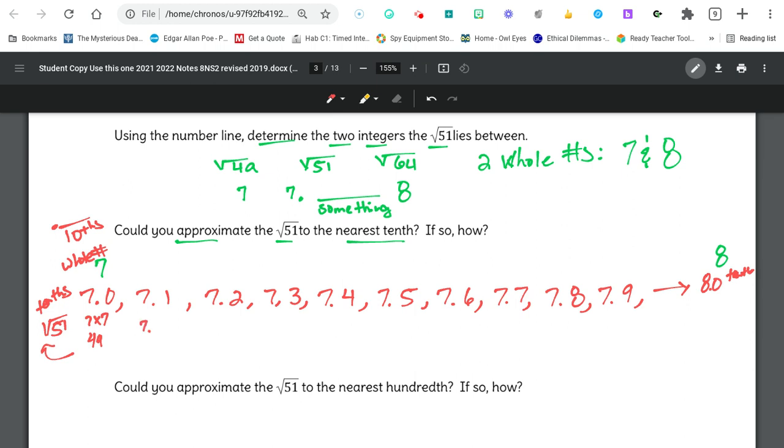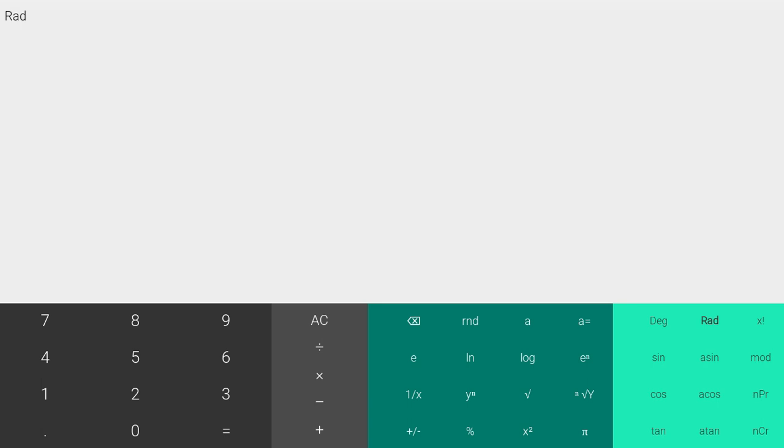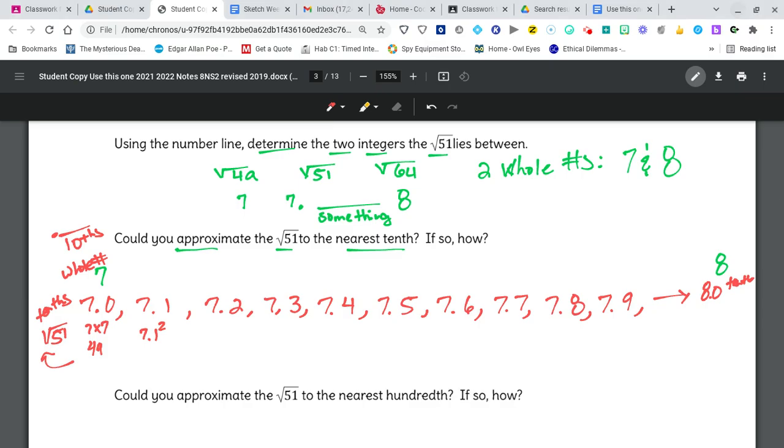So let's try 7.1 squared. So you're going to take your calculator, you're going to pause the video, and you're going to do 7.1 squared. I'm going to do it here. 7.1 squared is 50.41. Okay, that's okay. Okay, so this ends up being 50.41.